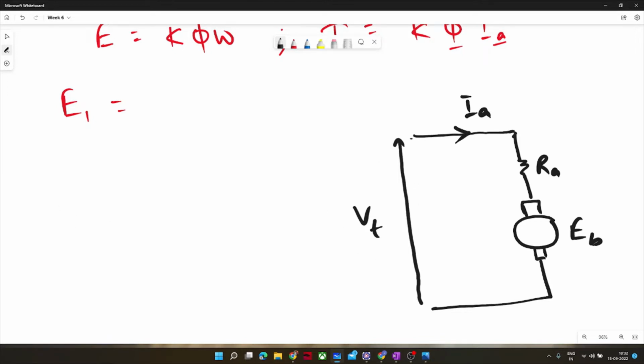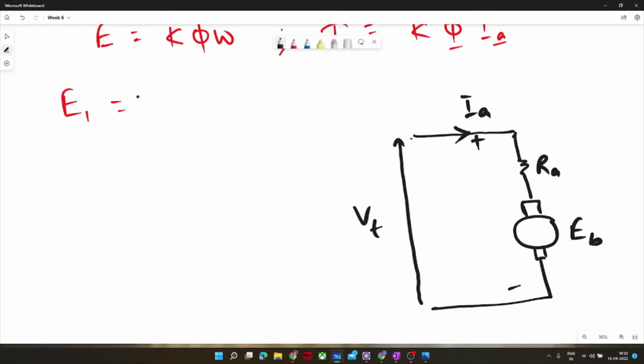Electrical input, mechanical output. So how much voltage you are supplying, that will come across the armature. So that's why we call it armature voltage, right? This is also part of the armature, right? So whatever voltage you apply across the motor or armature, we call it either armature voltage or supply voltage. So let me show you after solving it.